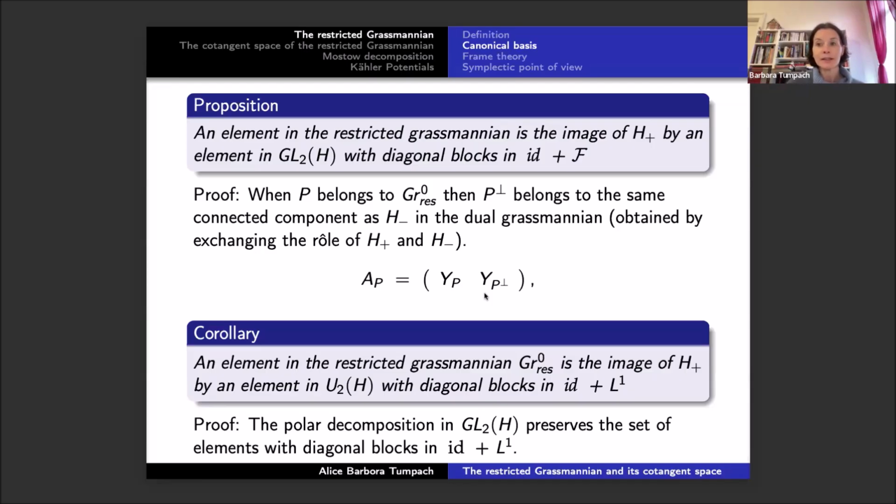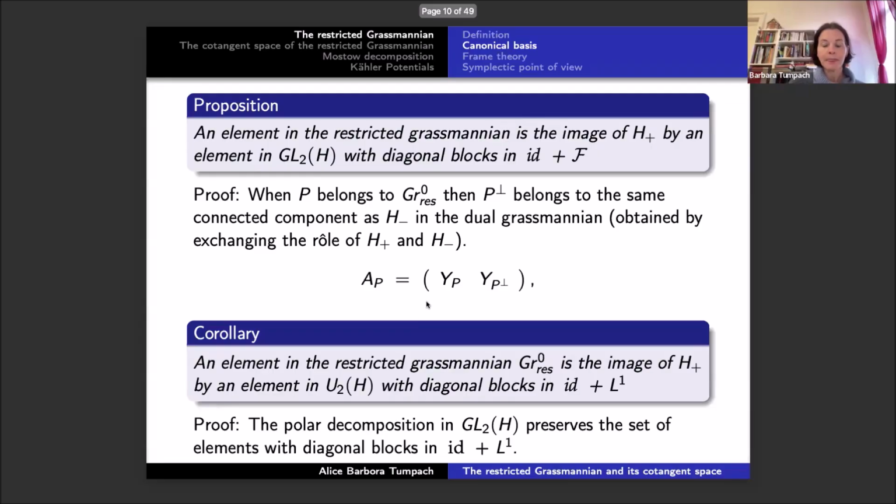So we can also get a canonical basis for this element, and this is how we built an element of GL2 with the required property: identity plus finite rank on the diagonal.